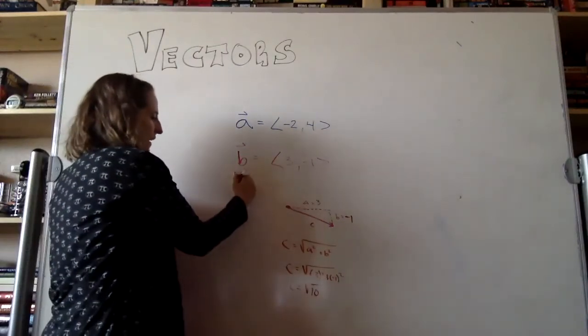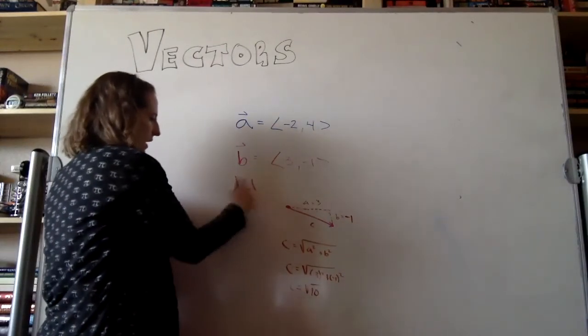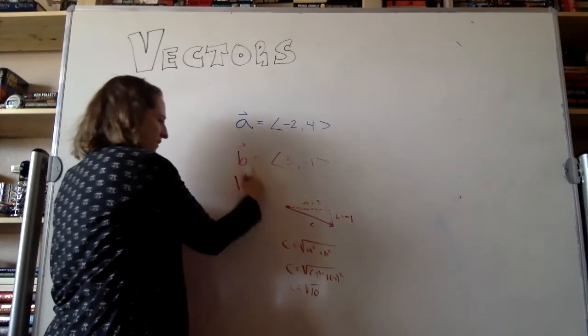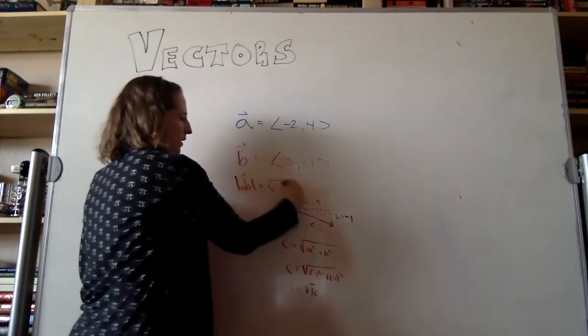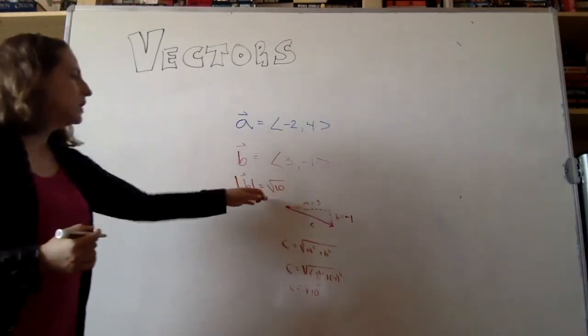And remember, to signify length, sorry, this is the length of vector b, we use these kind of absolute value bar things. Okay? So the magnitude of b would be the square root of 10.